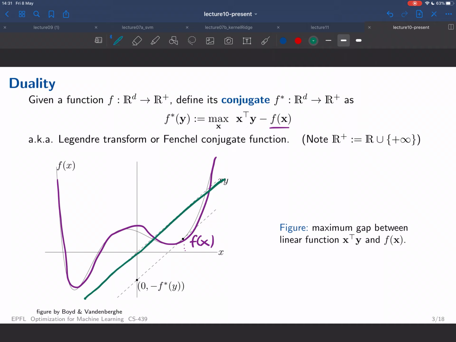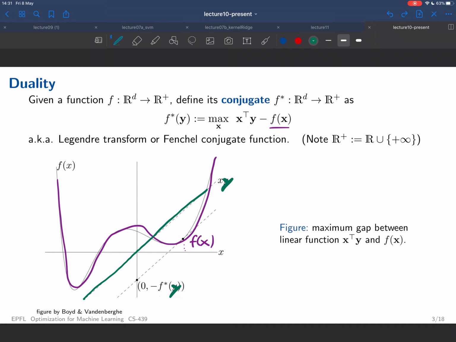So here you have the slope for any given y, right? So for any value y, you now want to figure out what is the value of my dual function at the point y. So this is what you have at the bottom here. So we want to find out what is this f star of y, given any y.